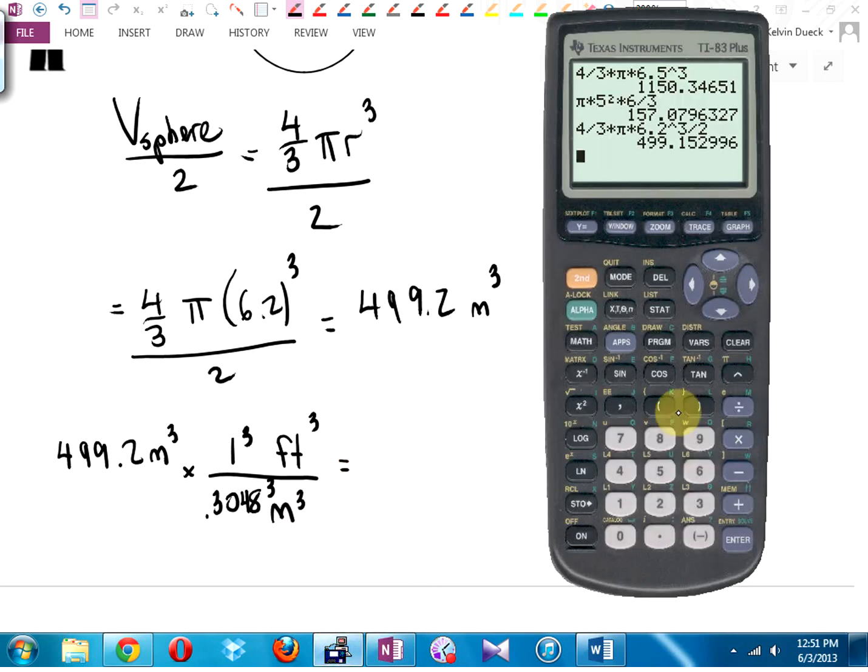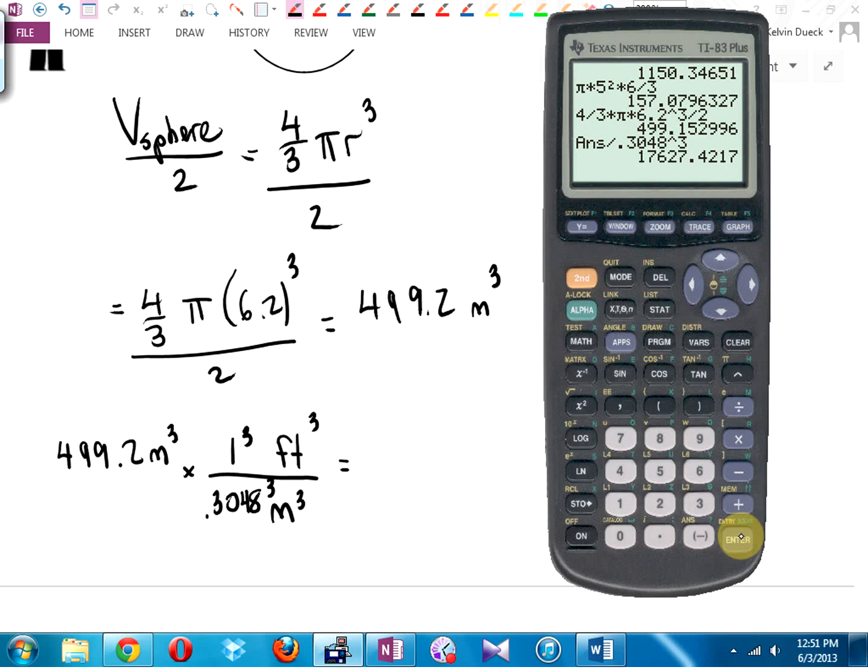That number divided by 0.3048 to the third power. 17,630 cubic feet. I don't know how many decimal places we want to go to. Okay, 17627.4.